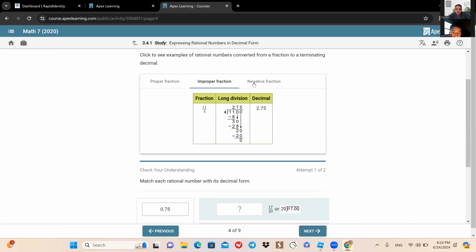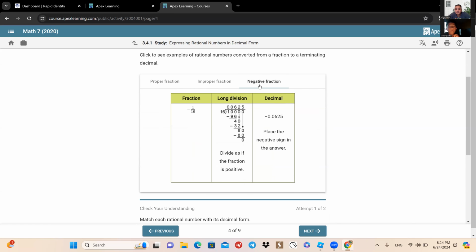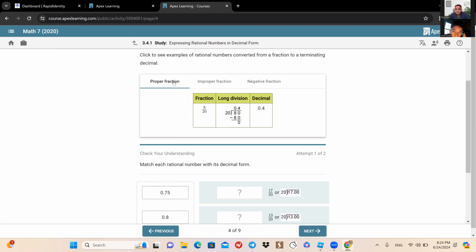What is a proper fraction? A proper fraction is one where the numerator is less than the denominator. Such fractions are called proper fractions, such as 6/10, 1/2, 2/3, 5/10, 6/7.